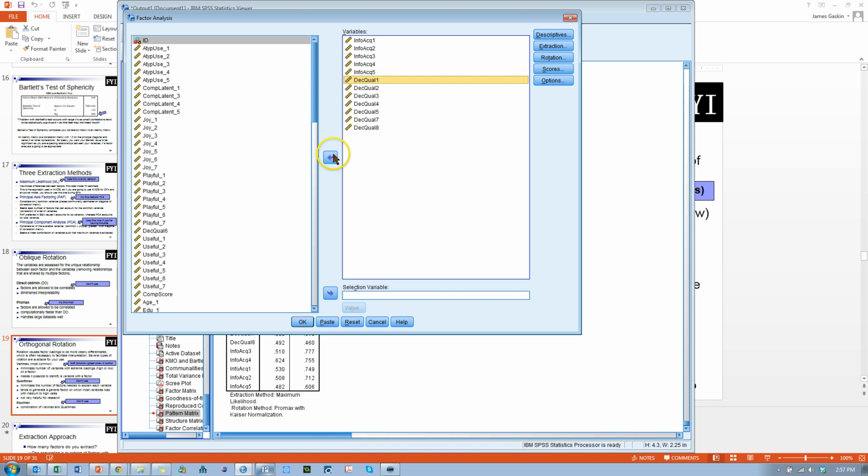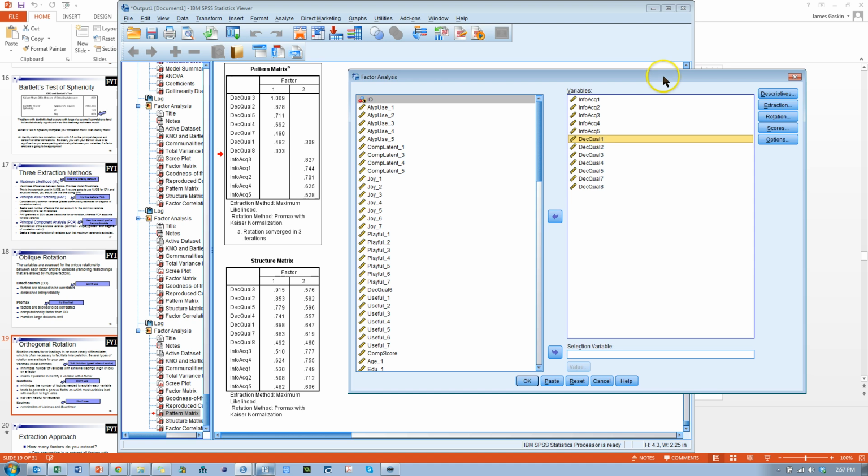Quick question, though. If you drop decision quality 1, do you want to try DQ8 and see what happens? My goal right now is to increase distance between the two factors. So anything that's cross-loading, I want to get rid of that first. I'm asking because before we edited the first button where we just removed, we didn't have a cross-loading on DQ1.